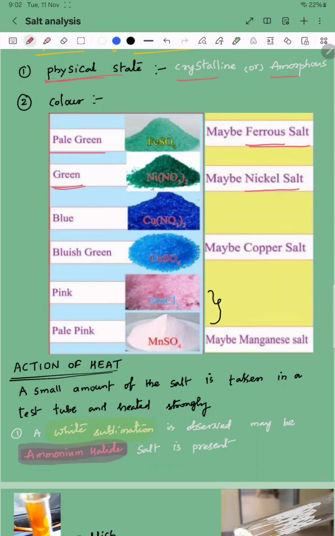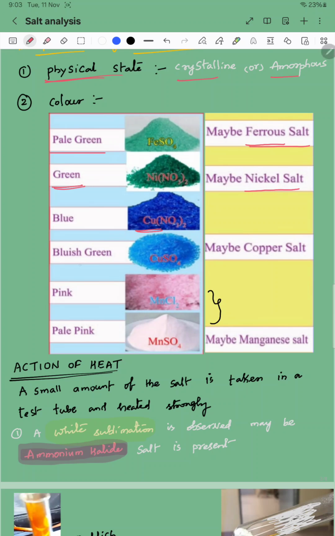Nickel nitrate, nickel sulfate, everything will be slightly green. Pale green, iron salts; green, nickel salts; blue color, copper salt. By observing the color, we can predict what type of compound it is.